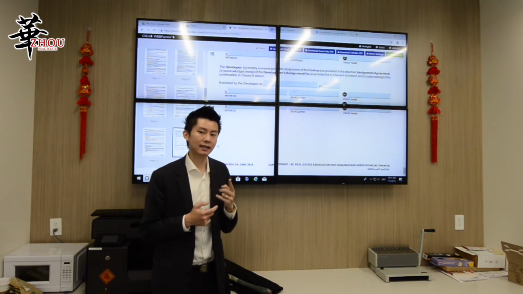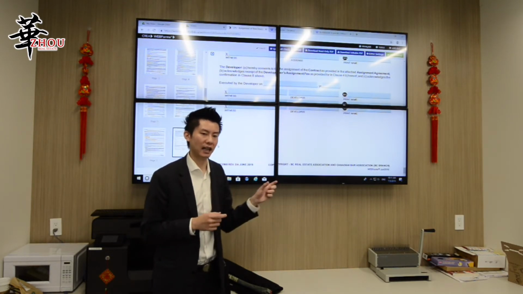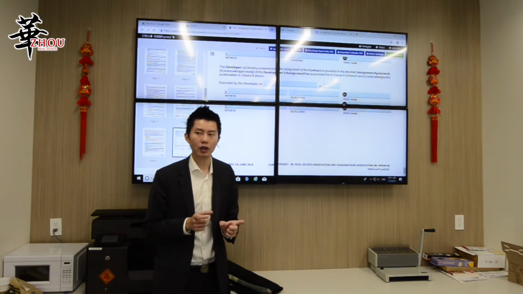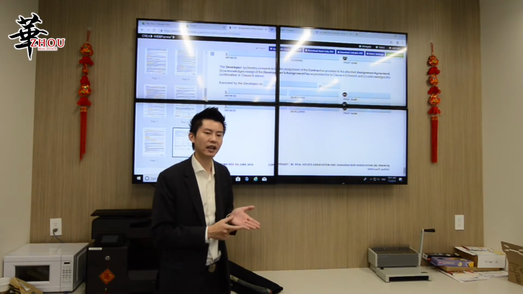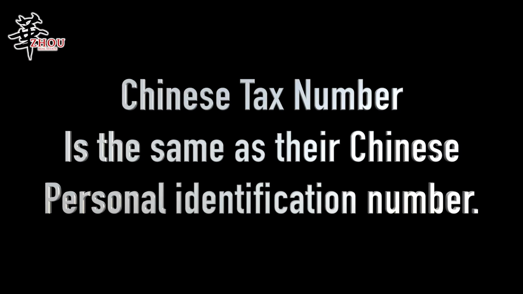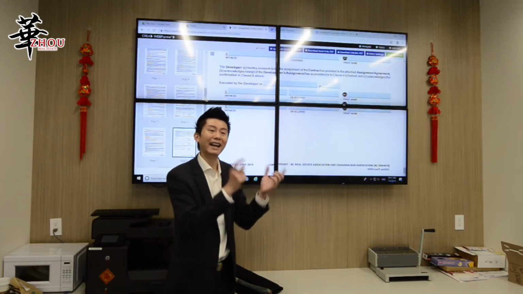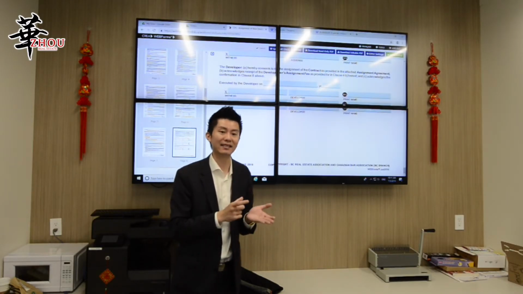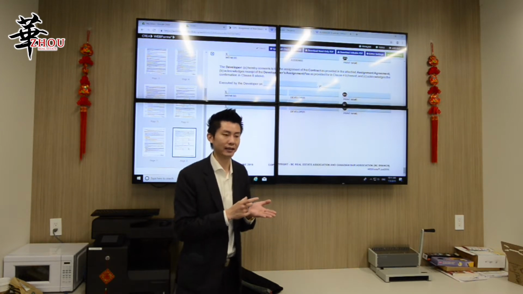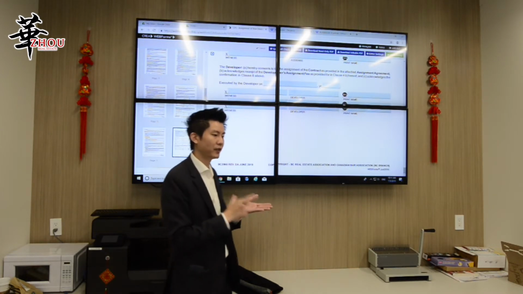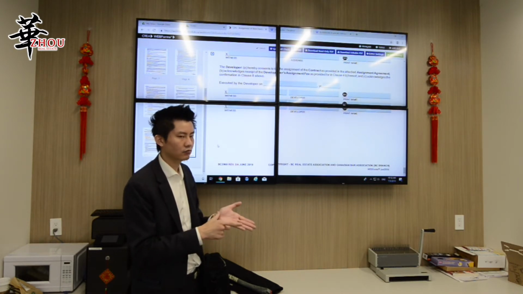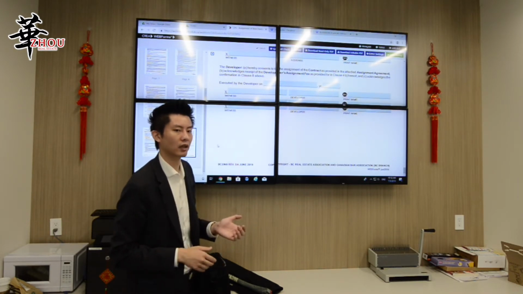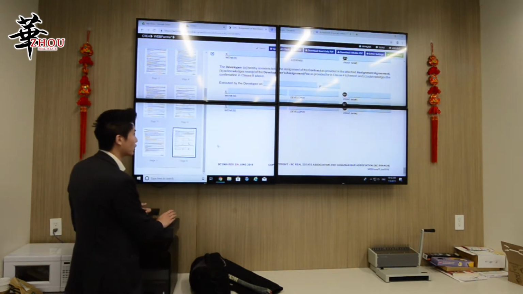Okay, the tax residency you will say China, and tax number is actually the number of their personal identification number, the number on the ID. In China, that is your tax number, in case you don't know that. So you just put the PID number of Chinese ID, the number on the bottom, and copy it into the agreement. And that is the tax number for Chinese people.